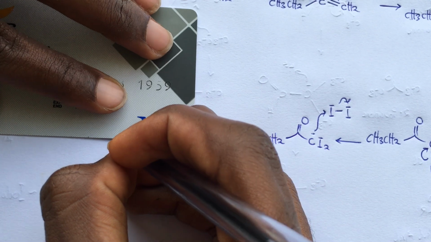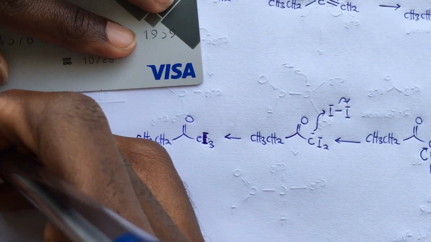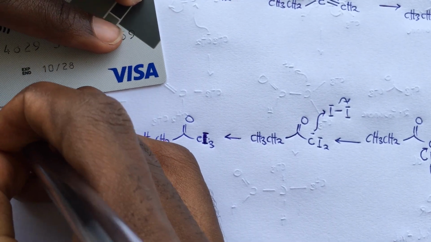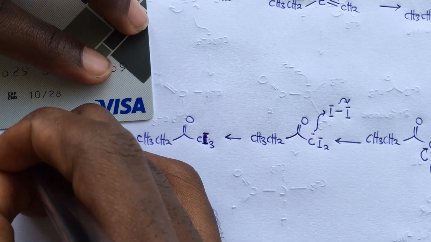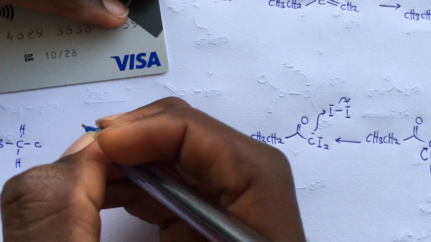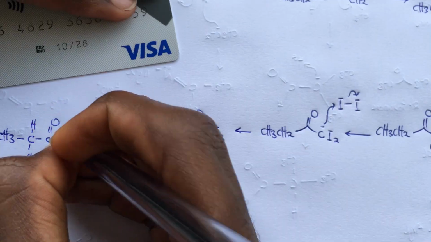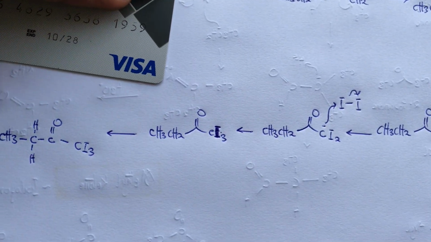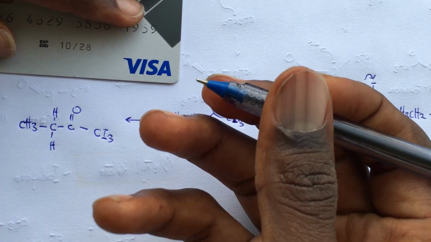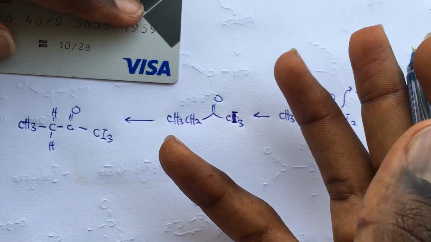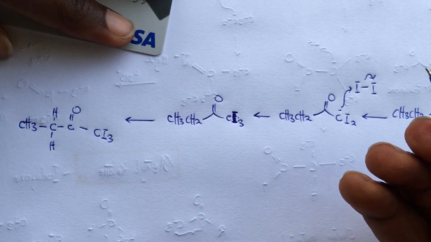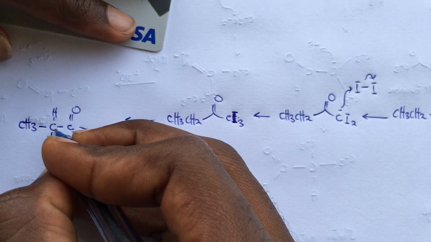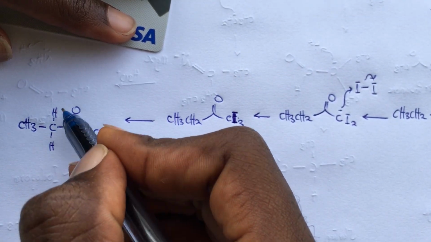I'm drawing this same structure here. We're going to have CH3, carbon, hydrogen, hydrogen. You're going to have your carbon, double bond, and you're going to have your CI3, right? These hydrogens are acidic, but they cannot be deprotonated by this OH minus, because when you're talking about the deprotonation of these hydrogens, even though this carbon is an alpha carbon, you cannot remove these hydrogens.